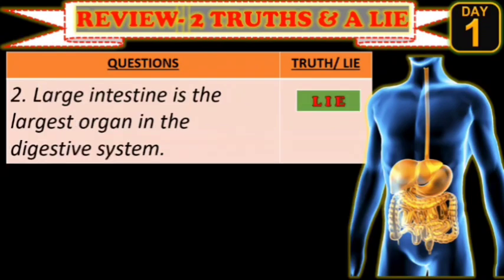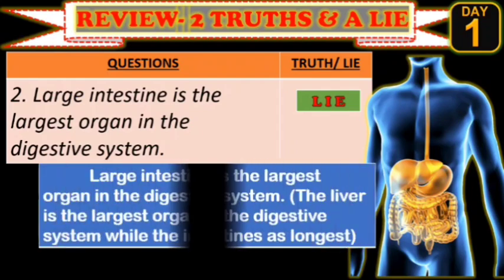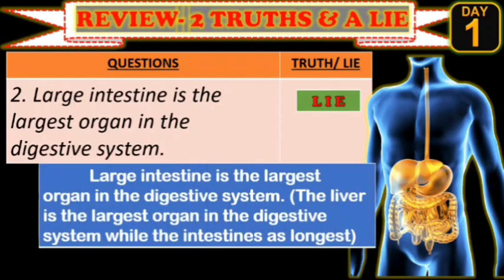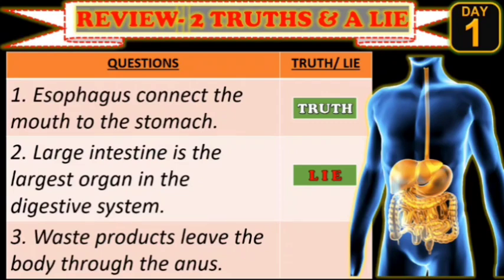So why is it that the statement is a lie? It is because the liver is the largest organ in the digestive system, while the intestine is longest. And then the third one is waste products leave the body through the anus. So definitely that is truth.